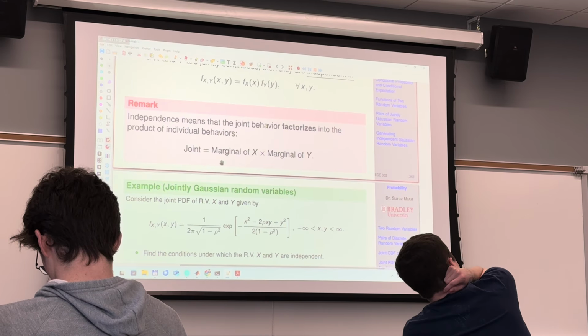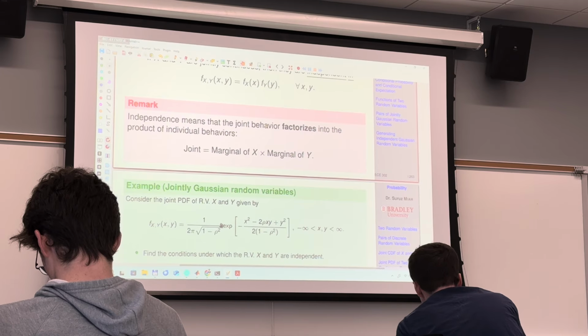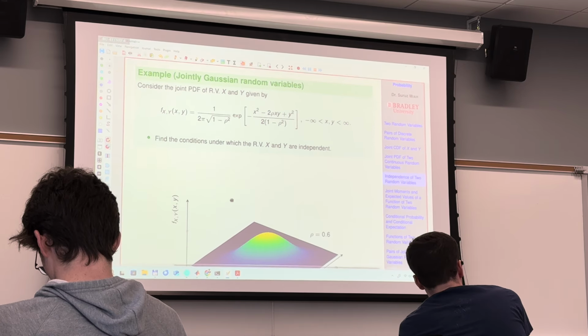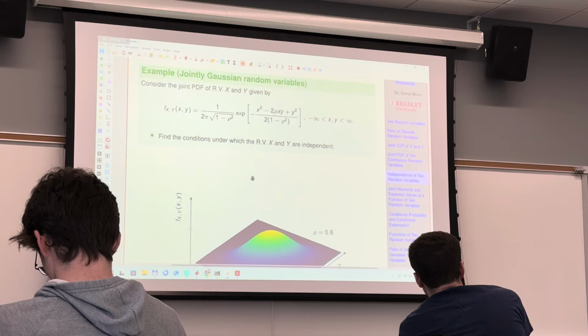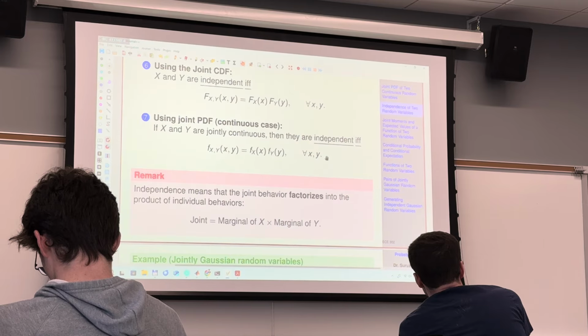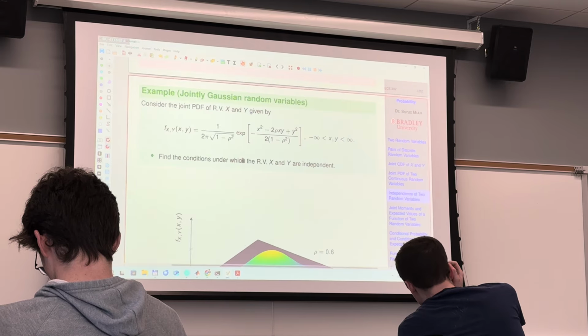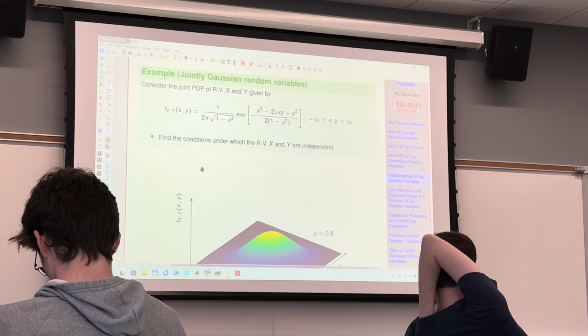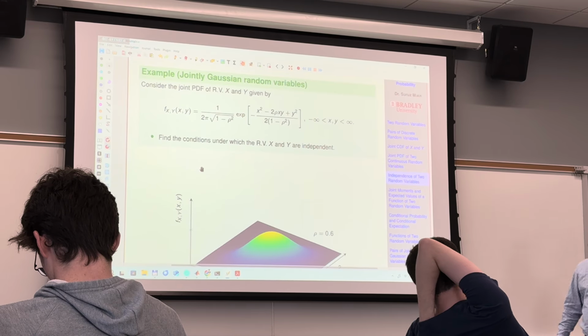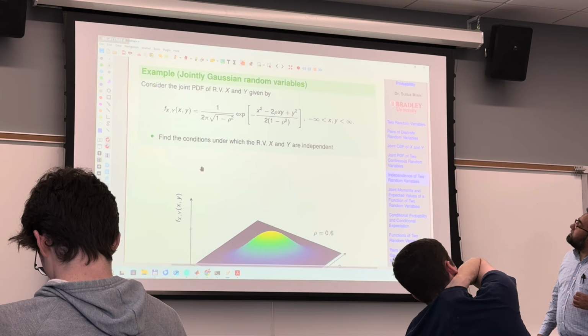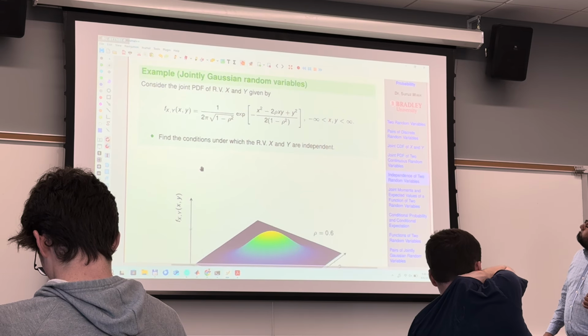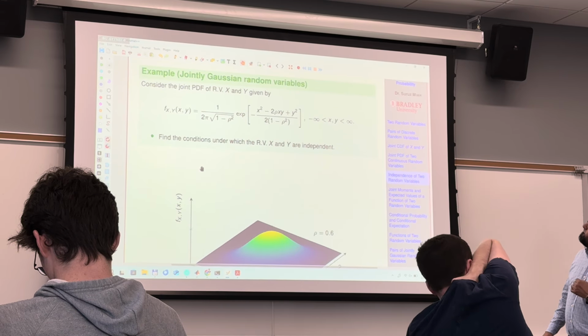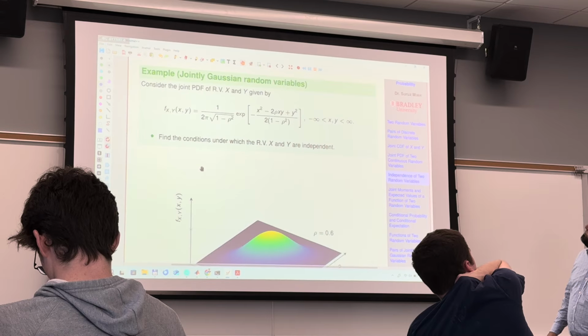I added this remark this year. Now we will directly use this formula to solve this example, which I took from the previous example.